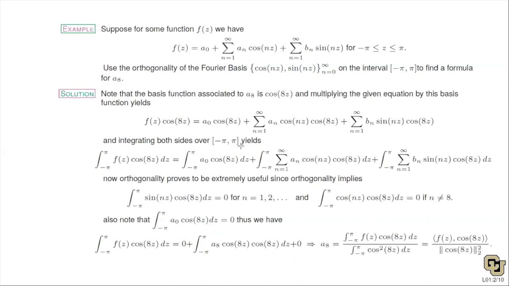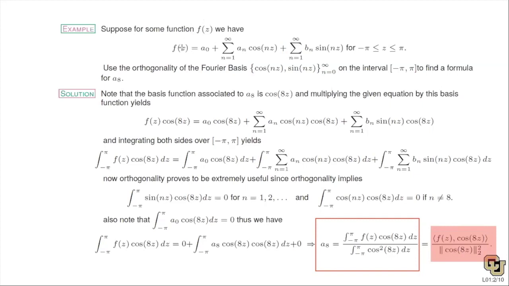Certainly we could have stopped right here with this formula, and generalized it to sines and cosines of other basis functions, cosine 9z, 10z, no problem. But I write it this way because it's a more modern way of looking at it.